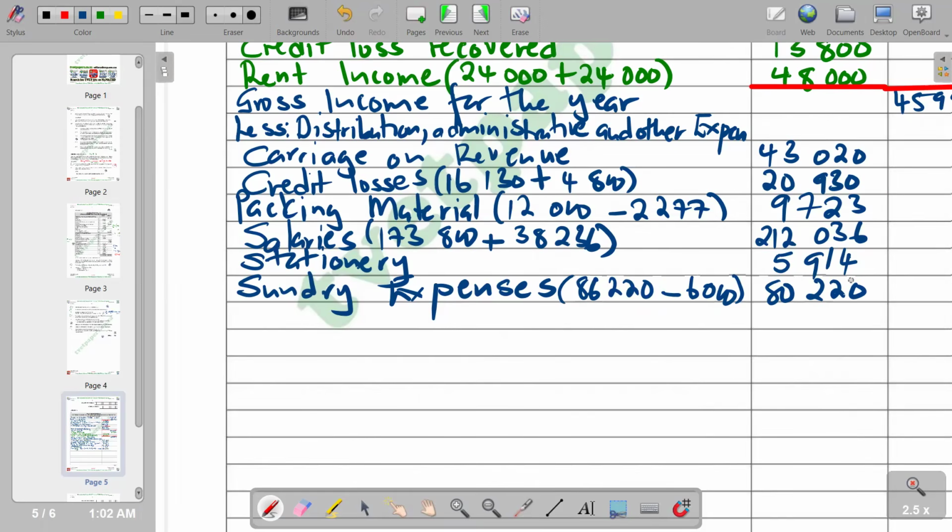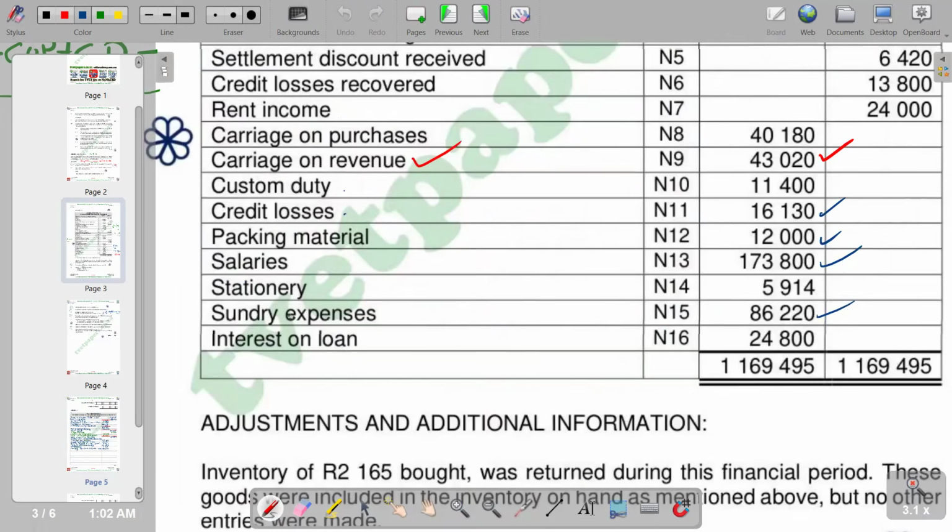So with that, after sundry expenses, we've got interest on loan. Interest on loan, obviously, we have to adjust it after the net profit. So we are supposed to calculate it as a finance cost.